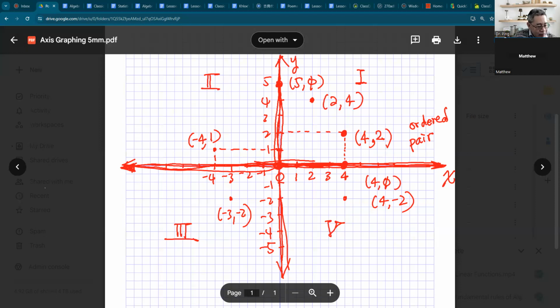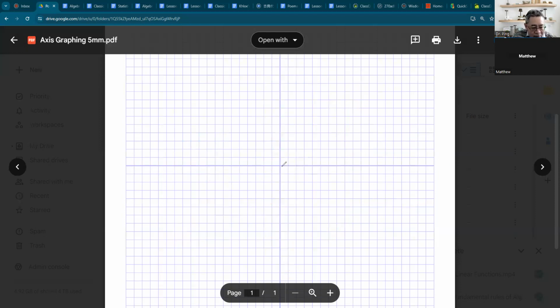Okay, now having that, we can use this to graph an equation. So for example, we have y plus x equals 3.